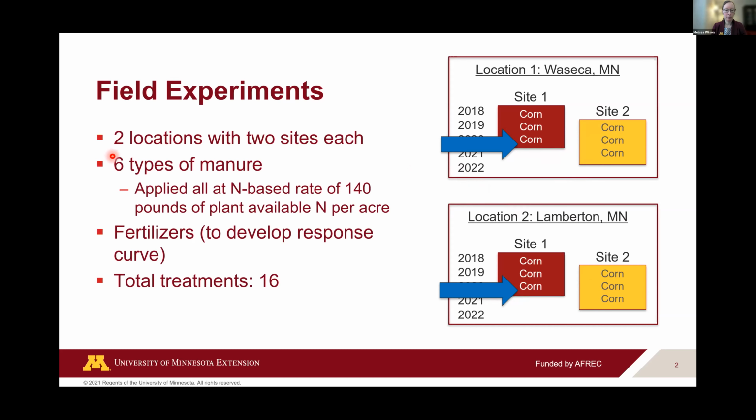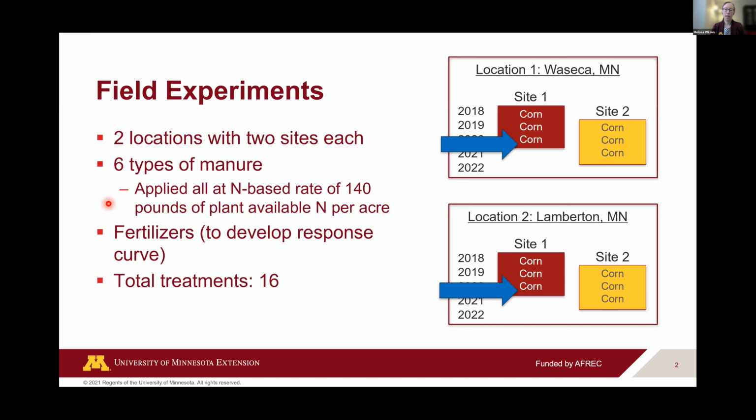And what we did is we applied 6 different manure types. We looked at a bedded beef pack, liquid swine finishing manure, a raw dairy manure, a liquid separated portion of that same dairy manure, turkey litter, as well as a composted chicken layer manure. And we used our current recommendations for the nitrogen and phosphorus availability to apply what we thought was 140 pounds of first year available nitrogen.